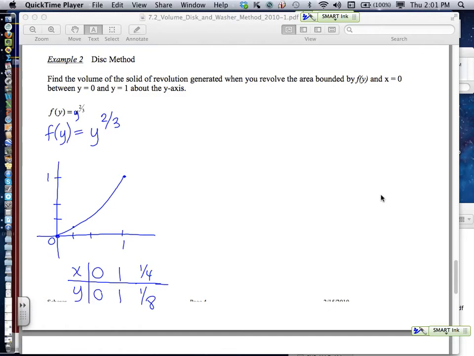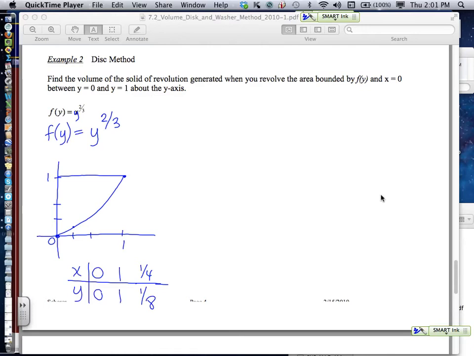All right, so I'm interested in the volume of the solid of revolution generated when we revolve the area bounded by, this is my f of y, x equals 0, which is this line right here, and then between y equals 0 and y equals 1. So that area right there is my region.